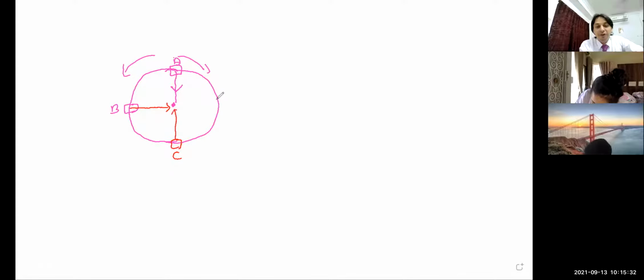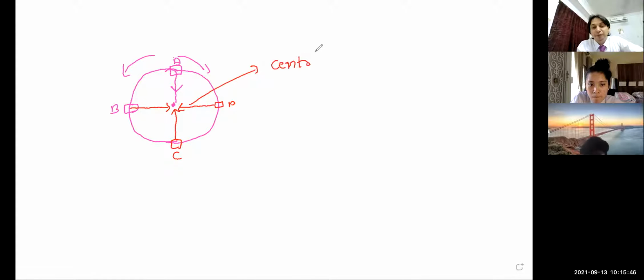Similarly, when the object reaches the D position, the direction of force is still toward the center. This force which is acting toward the center is called the centripetal force.